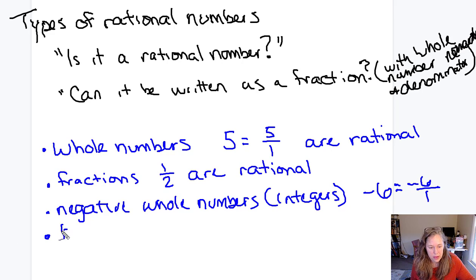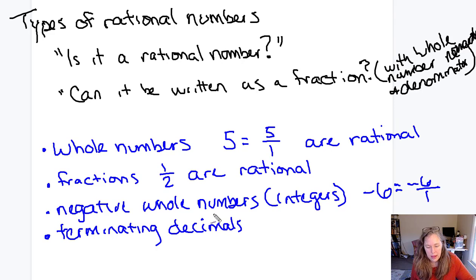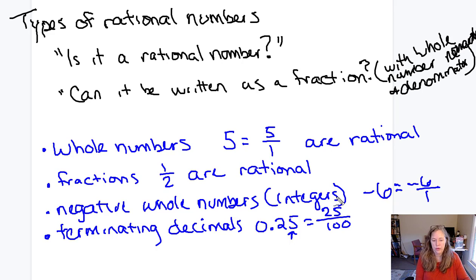Terminating decimals can be written as a fraction, like 0.25. That's in the hundredths place, so this is 25/100. We don't even have to reduce it to see that it is a fraction of whole numbers.